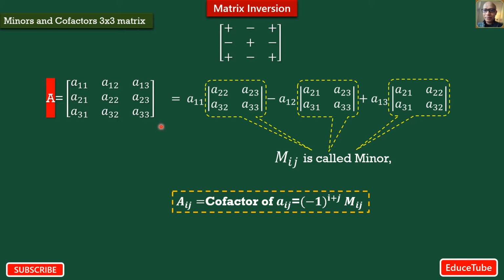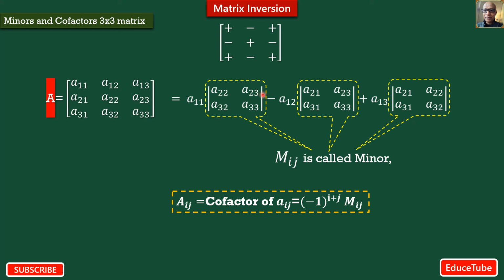Now we can write like this: A11 multiplied by this 4. This is called a minor. When we take this one, then we have to cancel this row and this column. The remaining is this 4. So we have to multiply this by this 4.